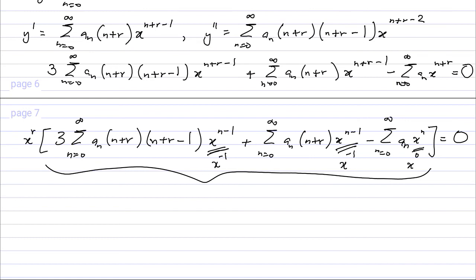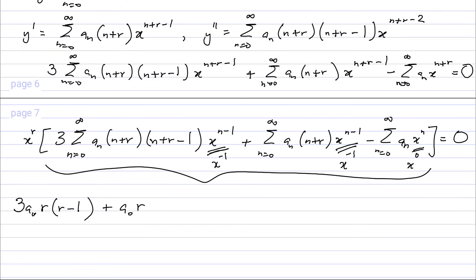So I peel off from the first sum the term corresponding to n is equal to 0, I'll get a naught r minus 1. Then I peel off the term corresponding to n is equal to 0 from the second sum to get a naught r, and that's it.